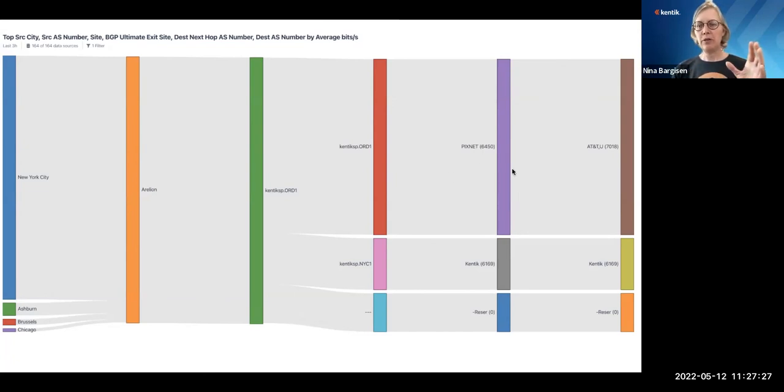If we take, for example, on this graph, we don't know what's happening between Pixnet and AT&T for the traffic that is coming out of Kentik that we are handing off in Chicago, because we've only taken the handoff ASN and the destination. The path here could be very long. We do not have that visibility in this query. We could add more ASNs, but we're not sure we would be adding all of them. So that's a good thing to keep in mind.